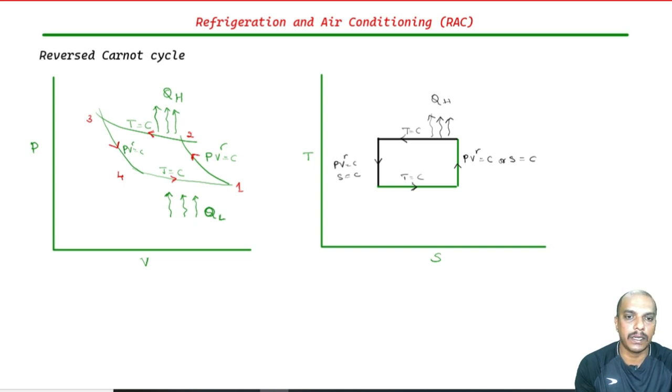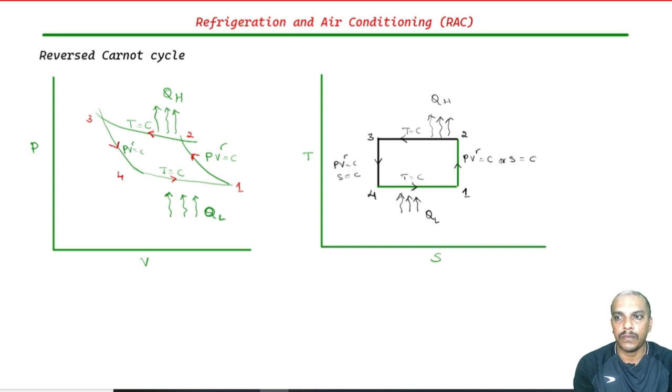So, for the refrigerant it is heat addition, but from the confined space you are removing the heat, you call it QL. Now, this is what a simple reversed Carnot cycle would look like. We have compression as 1 to 2, heat rejection as 2 to 3, then expansion as 3 to 4 and 4 to 1 is heat addition to the refrigerant.